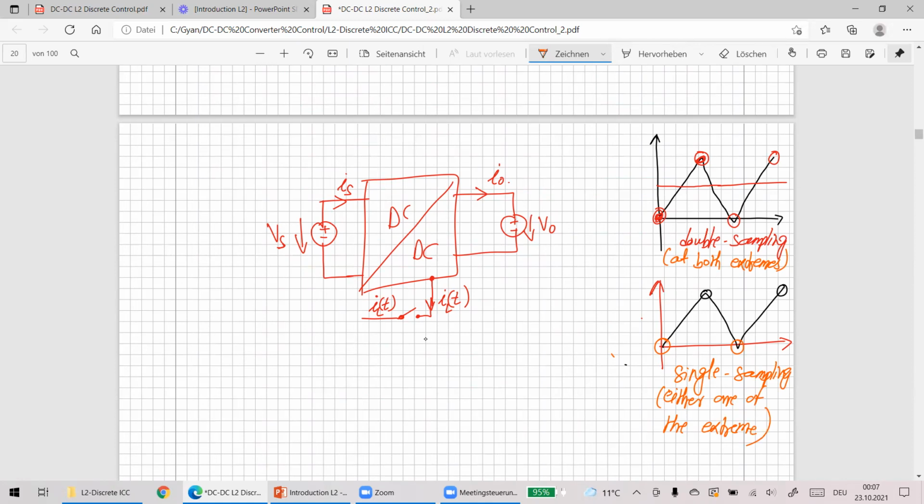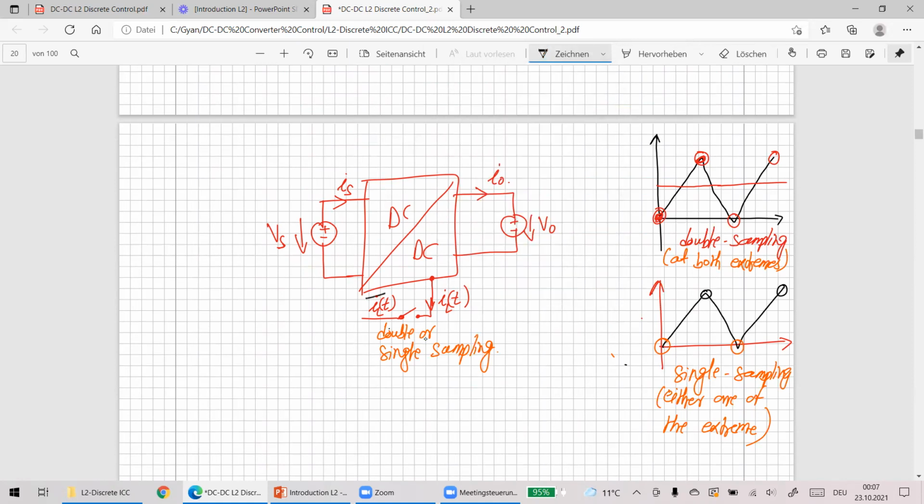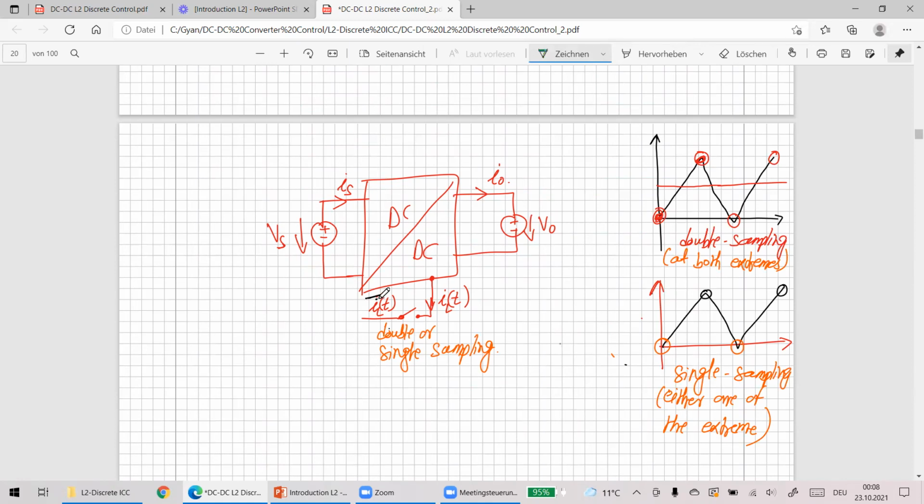So if you do the double or single sampling, you already get the mean value, the mean inductor current. So you don't need to do any averaging. Okay, so that's important.